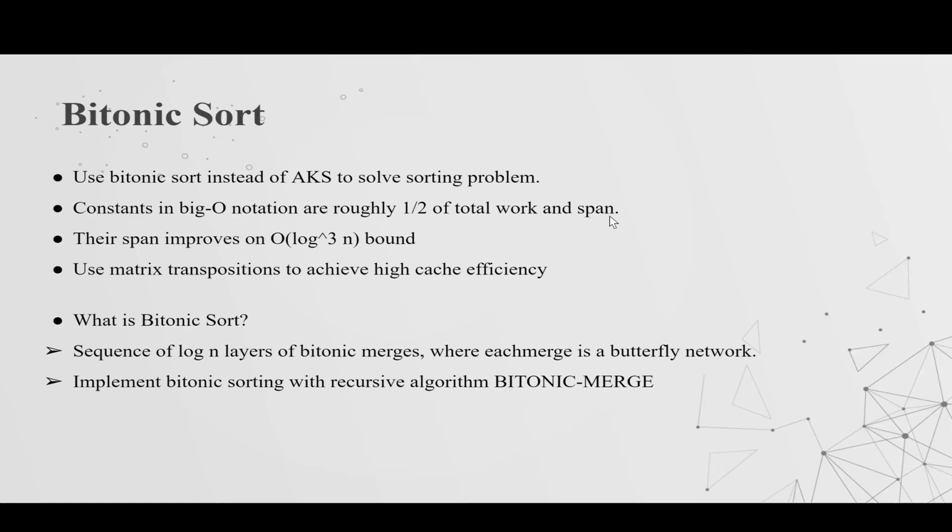So they use matrix transposition to achieve high cache efficiency, and we will see it in detail in the next slides. So now let's see what Bitonic sort is. As they have used PRAM Bitonic sort, it works better in parallel implementation, because in that we always compare elements in a predefined sequence of comparisons, and it doesn't depend on data.